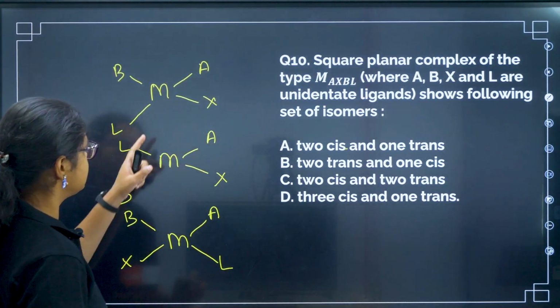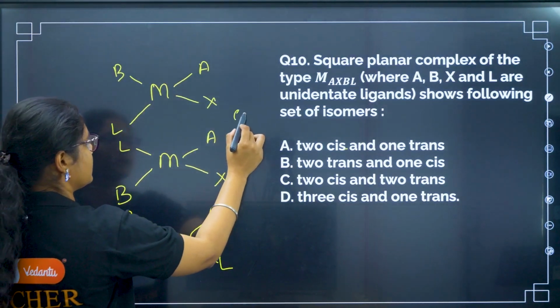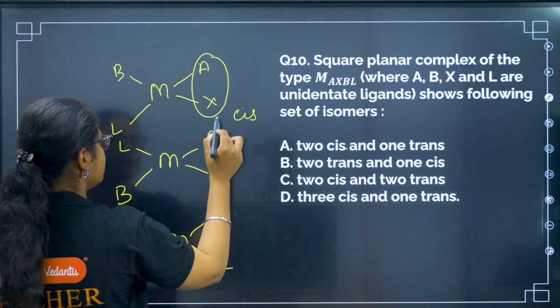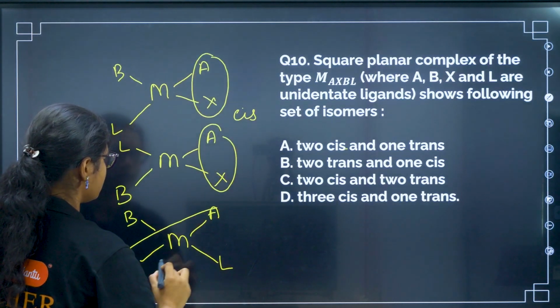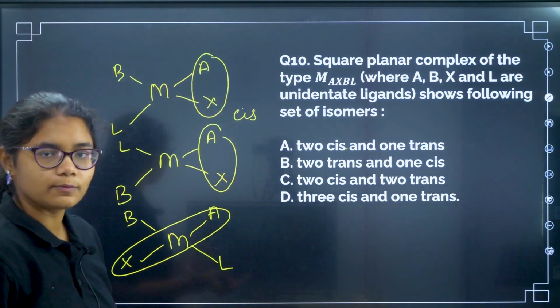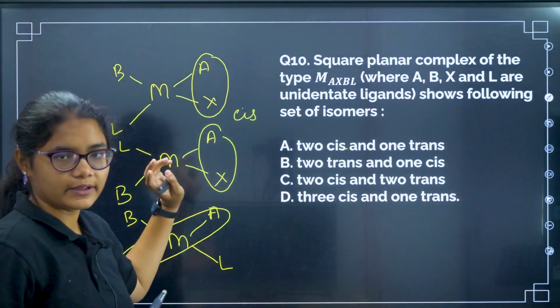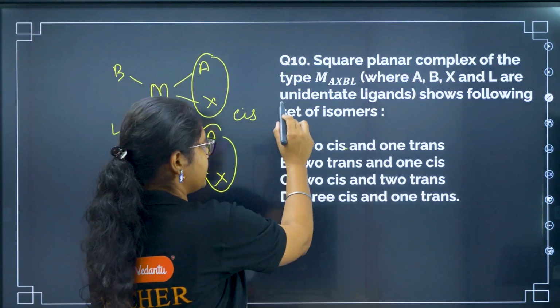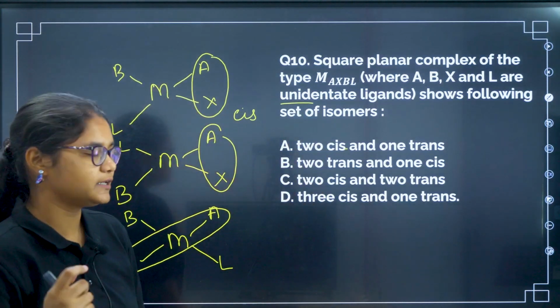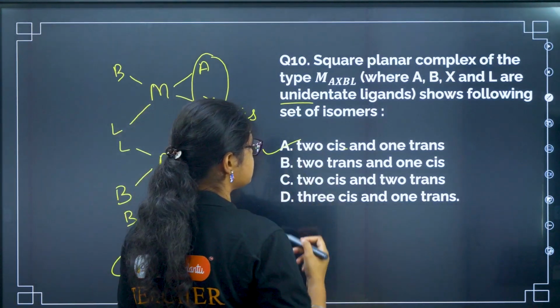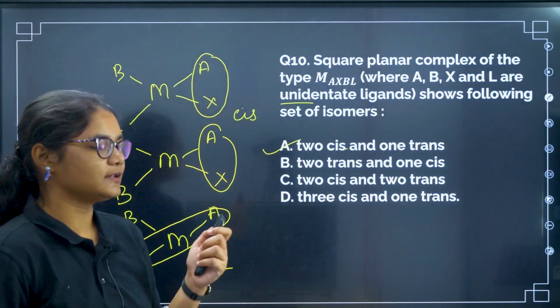You can see these two types are the cis geometry, because A and X are on the same side, and this one is the trans geometry, A and X on opposite sides. You can compare anything. All 4 are unidentate ligands, so you can take any one combination and check. So we will get 2 cis and 1 trans. So the correct answer is option A.